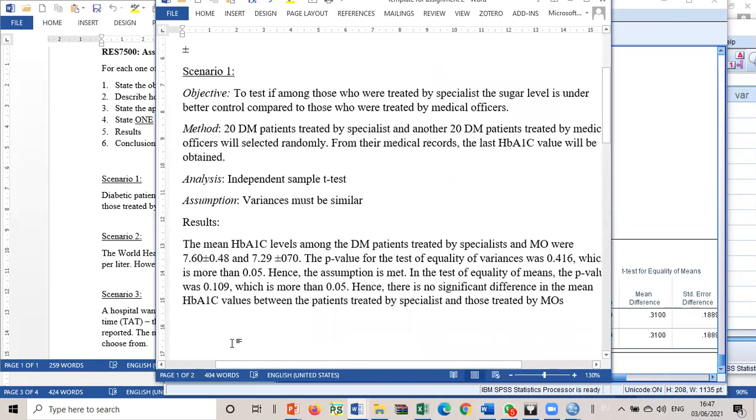The conclusion, there is no significant difference in sugar control, blood sugar control, in two groups of patients.